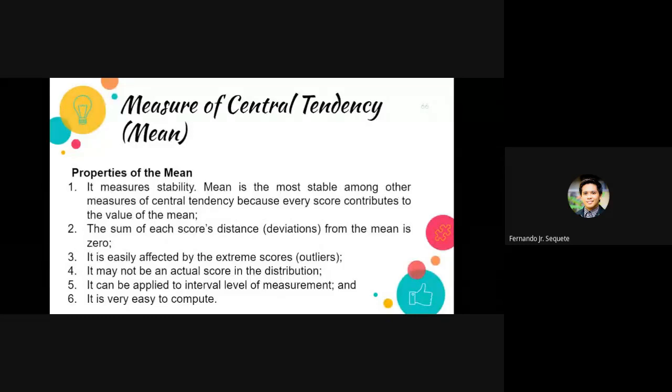Number 2, you will understand more when we proceed to deviations. According to this, the sum of each score's distance from the mean is 0.